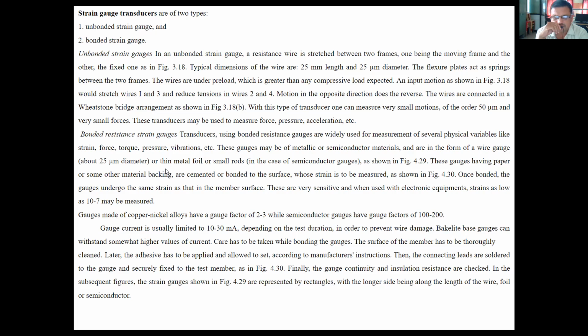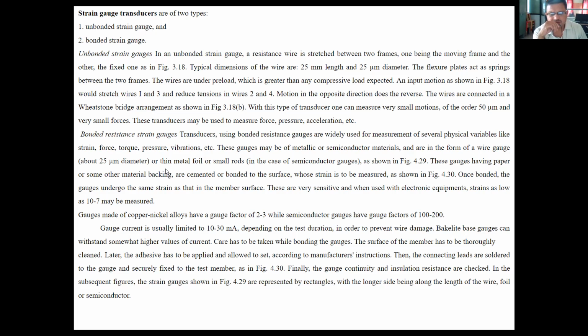An input motion as shown in figure 3.18 would stretch wires 1 and 3 and reduce tensions in wires 2 and 4. Motion in the opposite direction does the reverse. The wires are connected in a Wheatstone bridge as shown in figure 3.18b.